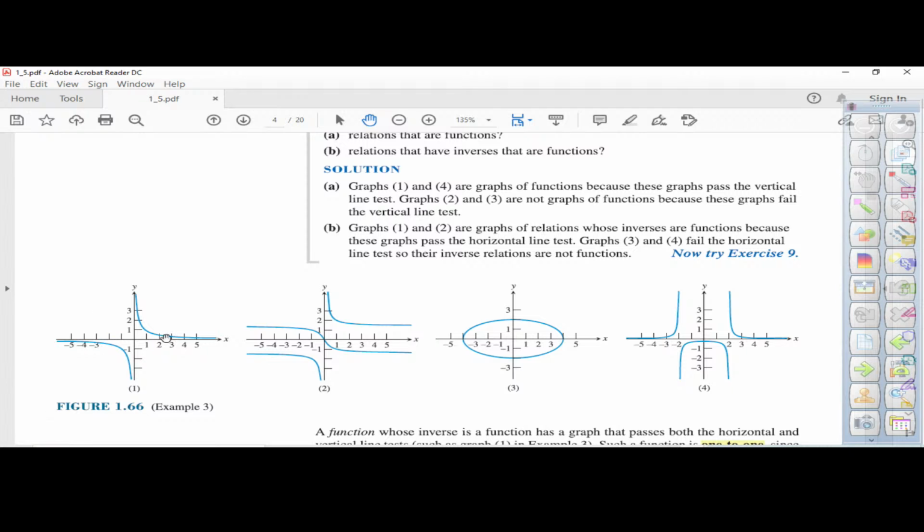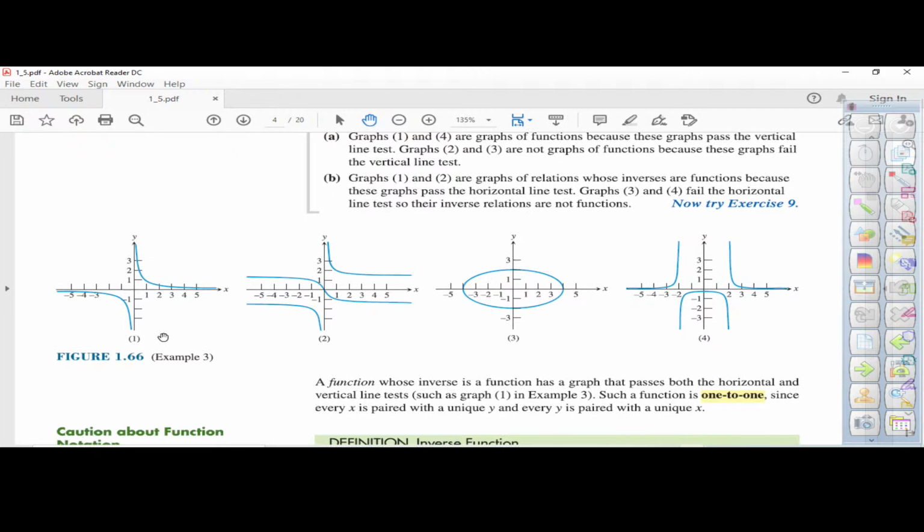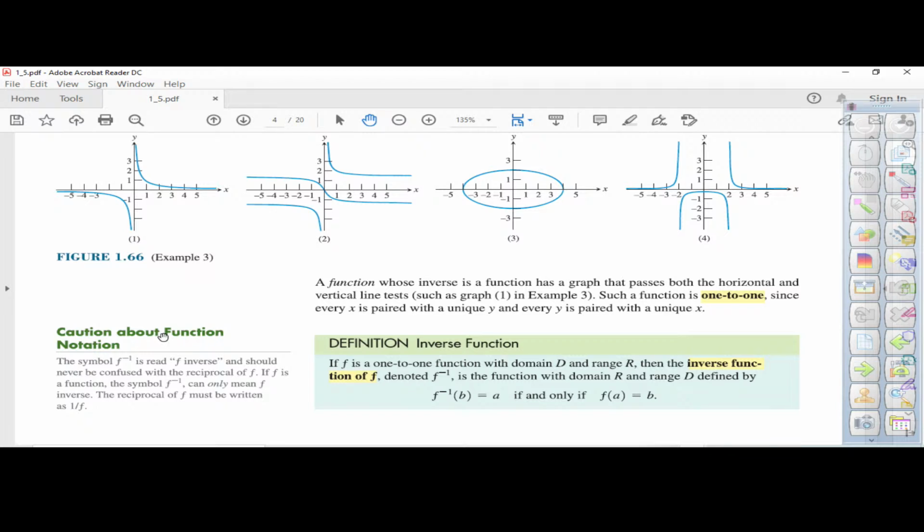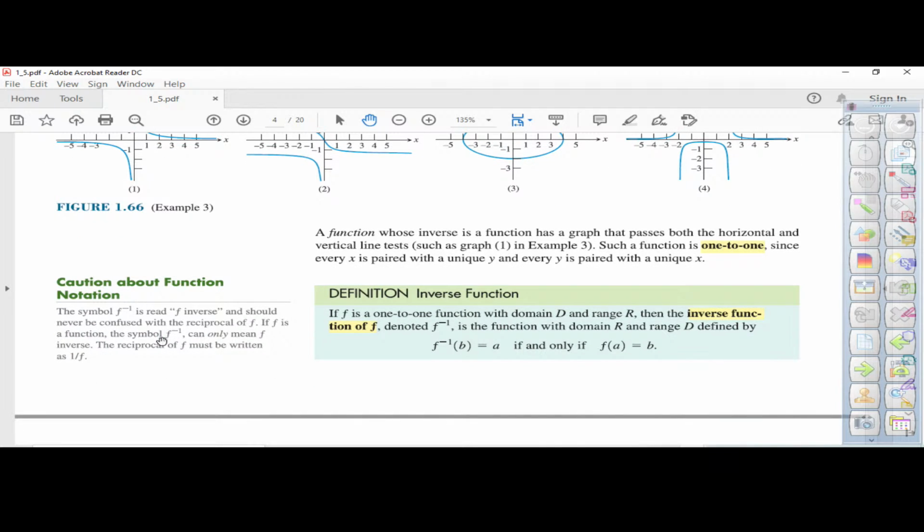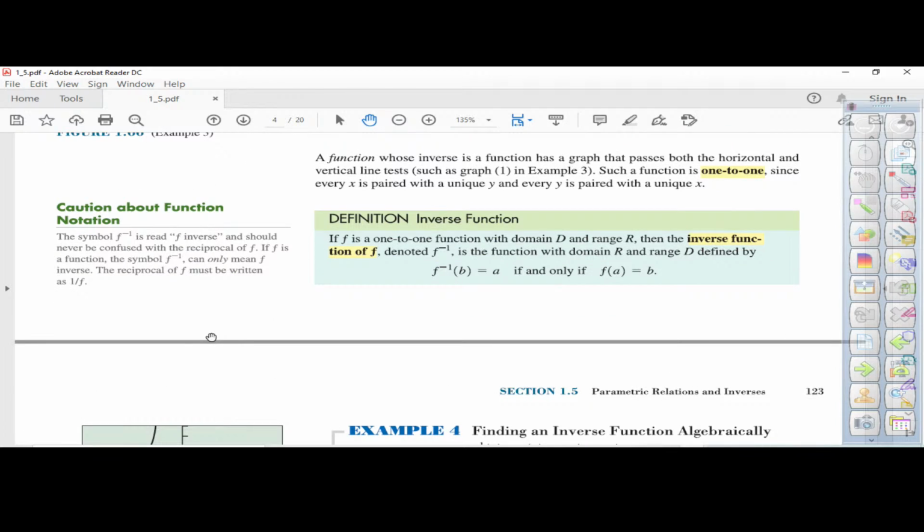Particularly if you do the inverse of number one, they're asking if this could be a function or not. If it is a function, then we call this a one-to-one function. So here's another definition. I don't want to bog you down with definitions; we're going to do some other things that make it easier to understand. But hang around with me for a second.